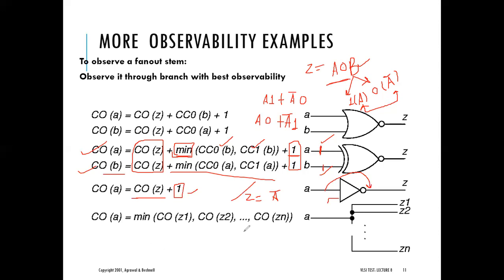So in case of fan out, what is a fan out? Fan out is simply like, here, if you are having a particular gate, you are having a gate and its output is being given to n number of gates.